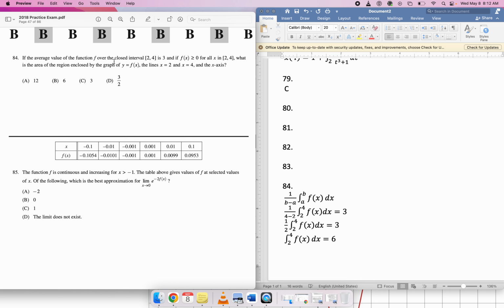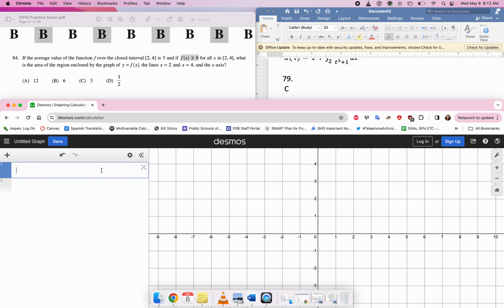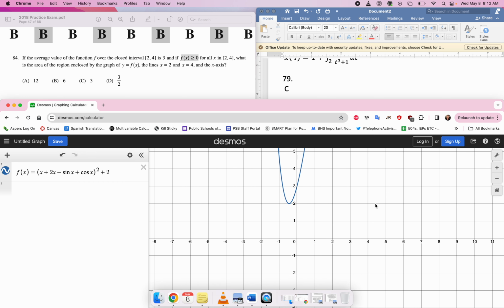The thing is, they tell you that f of x is always positive. So you have no idea what f looks like. No clue. But you know that it's positive. So maybe it's some big, complicated thing, but it's positive, okay? It's always positive, so you know it's always above the x-axis.